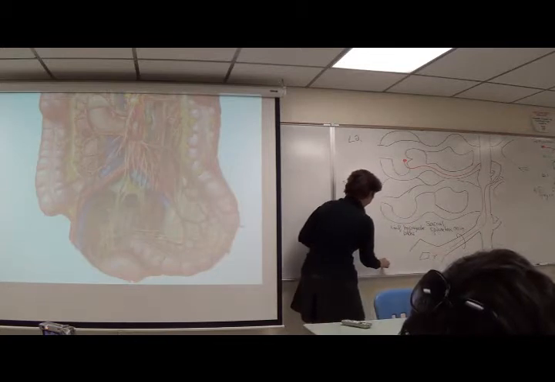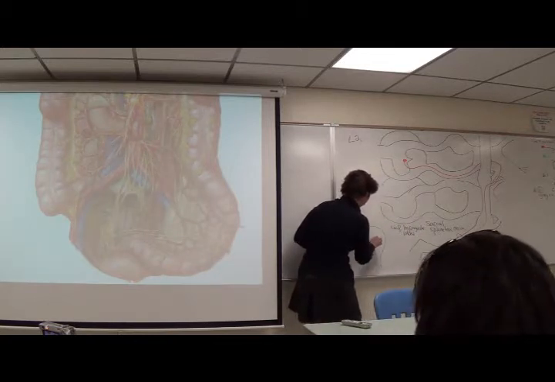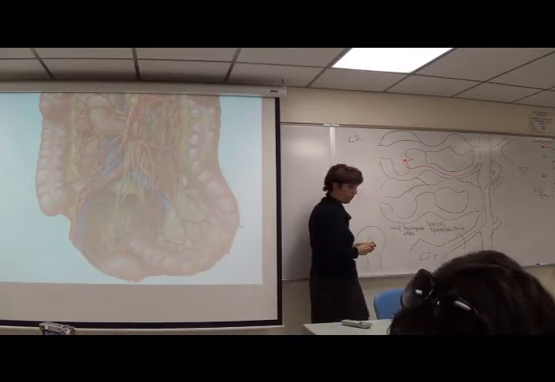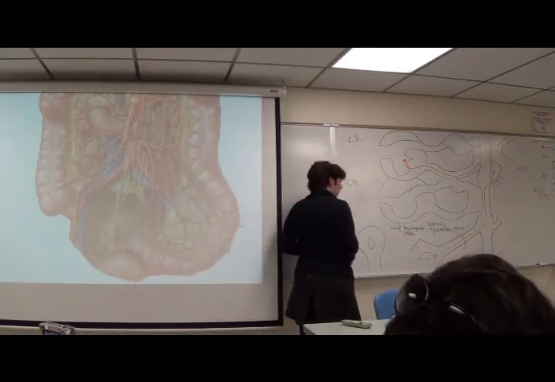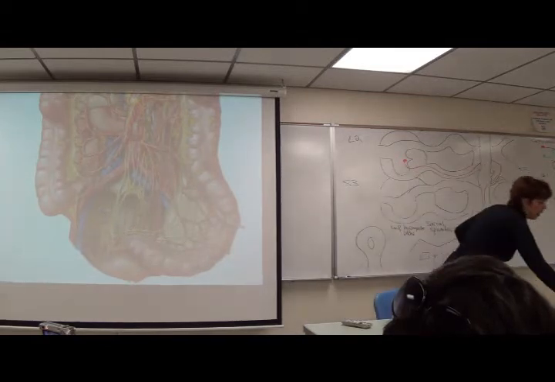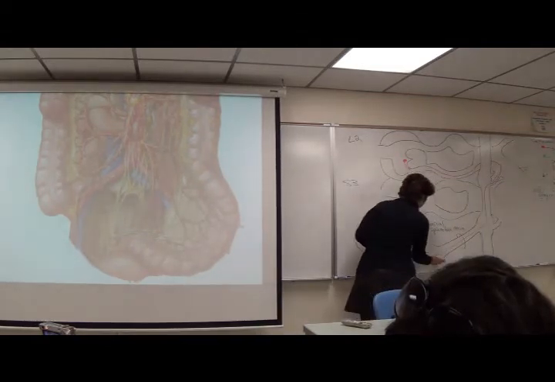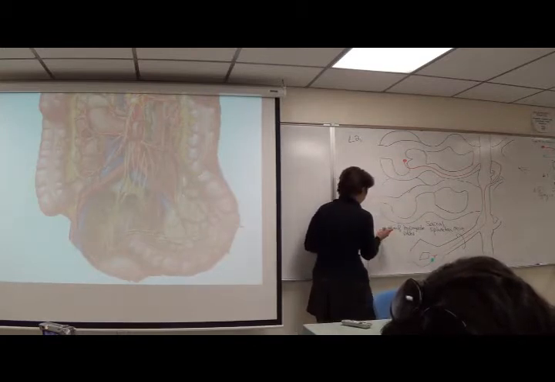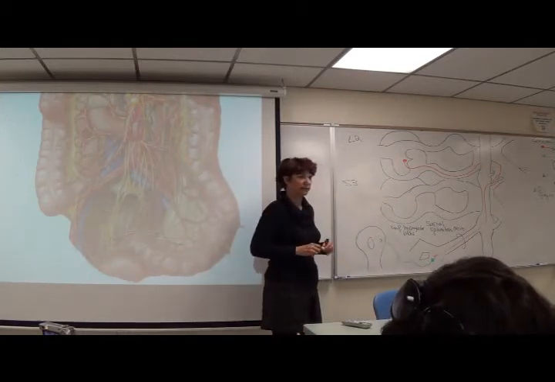If I draw my bladder over here, the postganglionic neuron, its cell body will be in the inferior hypogastric plexus, and then it will enter the bladder.